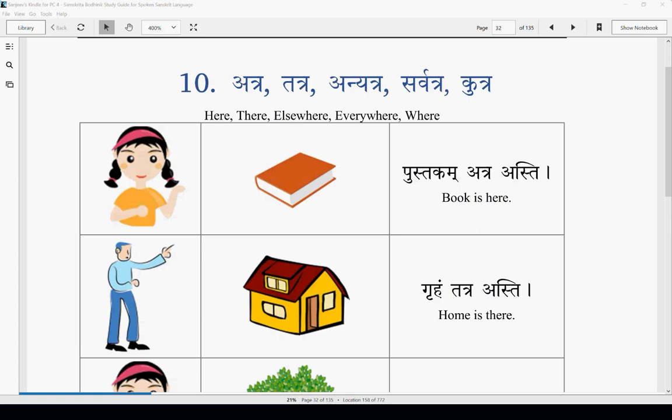Okay. So in our initial study, we are looking at neuter words which follow this pattern, okay? Like pustakam, phalam, parnam, netram, like this, okay? Or vatayanam.